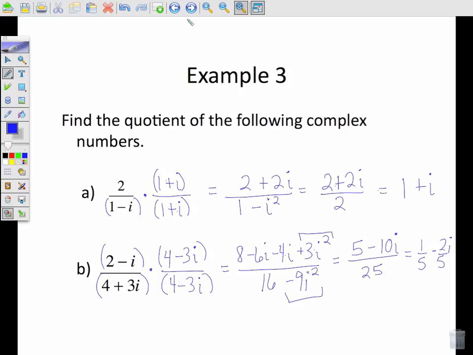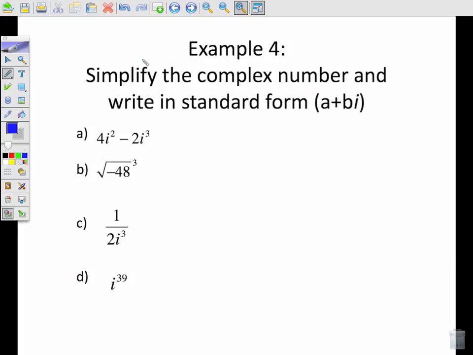Okay, that's how you simplify your denominators. The next thing we're going to do is work on some higher exponents. How do you simplify when you've got substitutions to do, like with i to the third or fourth? We've got 4i squared, so this is 4. i squared is a negative 1, minus 2, and i to the third is a negative i.